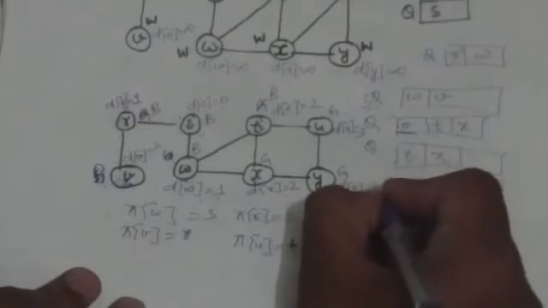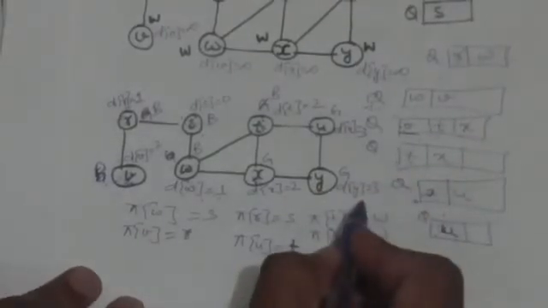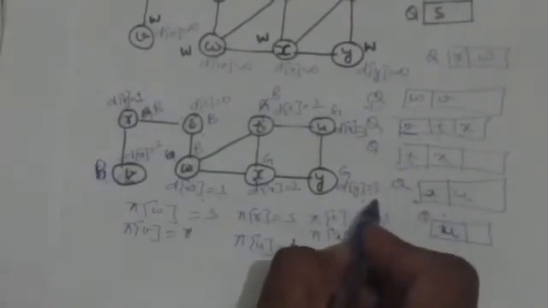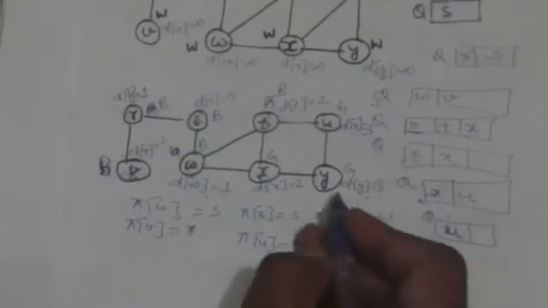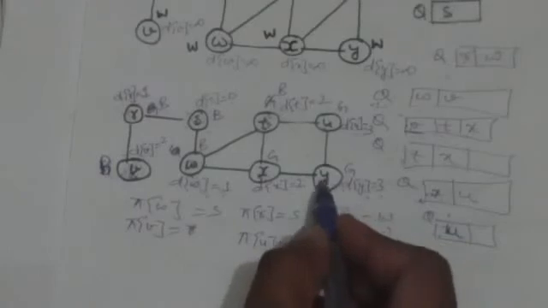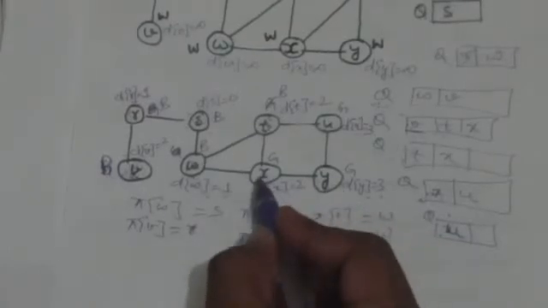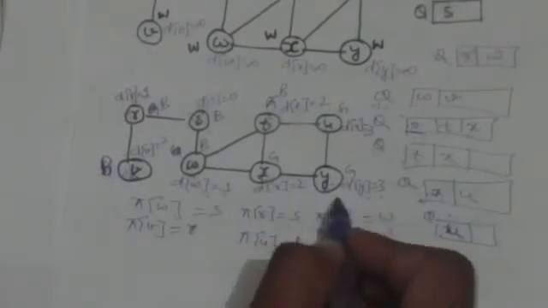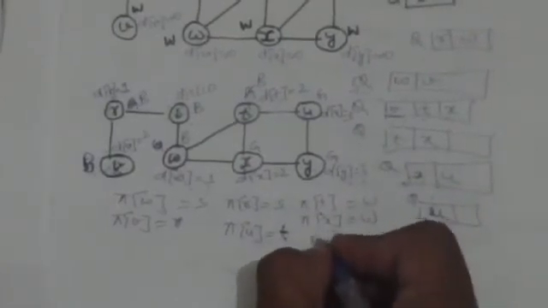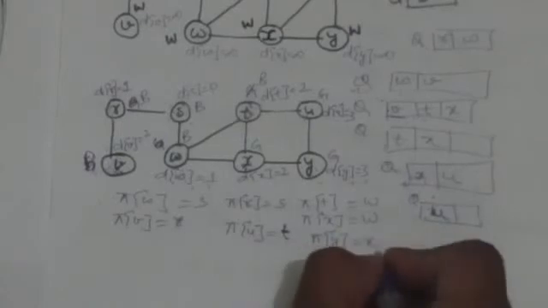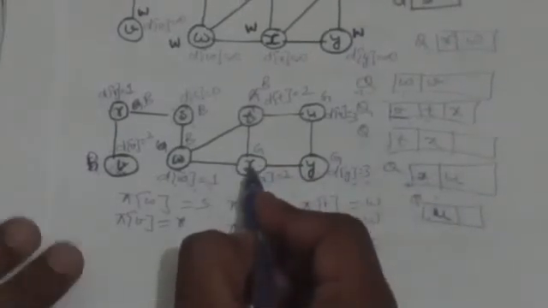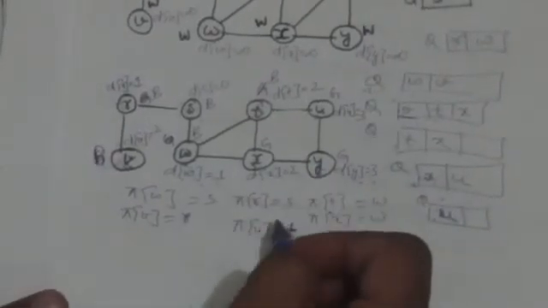So the value of variable dy will become equal to 3. After this we will set vertex x as the predecessor of vertex y. So the value of variable pi y will become equal to x, because now the vertex x is the predecessor of vertex y.